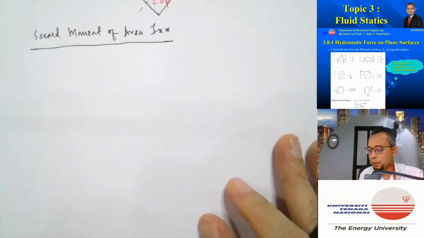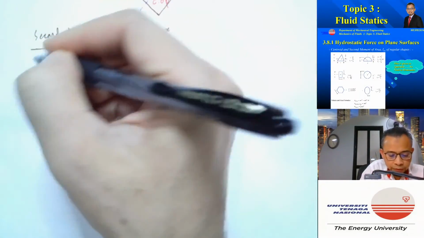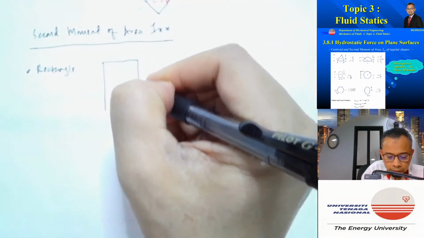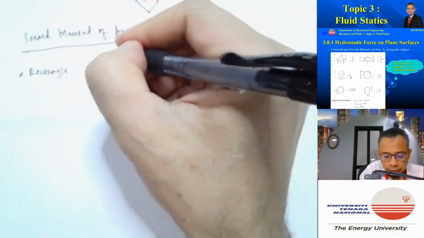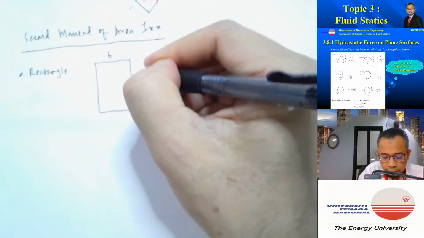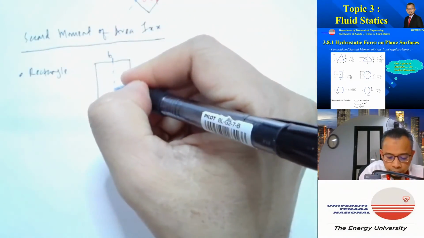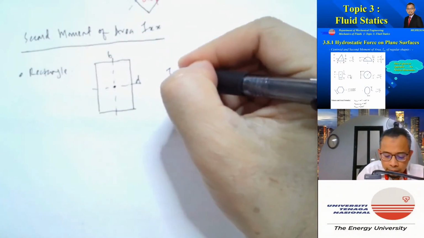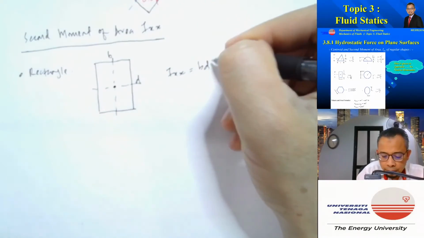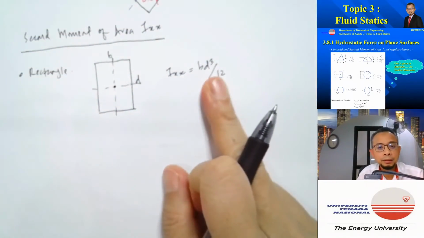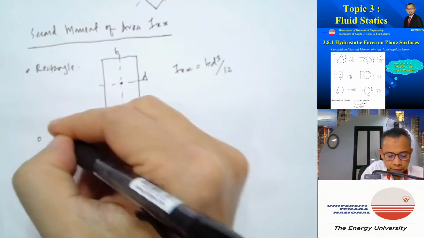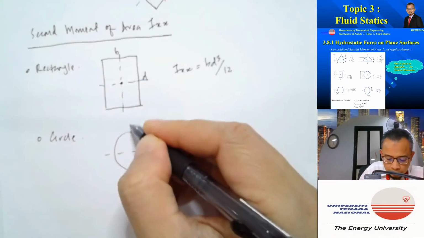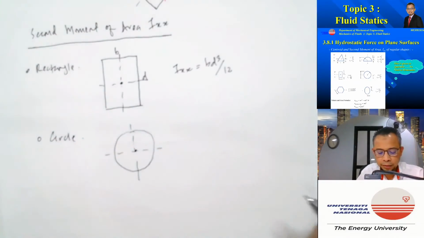So if you consider the second moment of area, let's say we have first of all a rectangle. The width is B and the depth is D. So the centroid, we know, is exactly in the middle there, and Ixx is equal to B D cubed over 12. So this formula is given. So let's say we have a circle. The centroid of the circle is at the center.